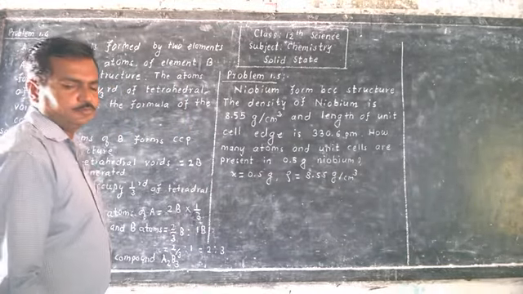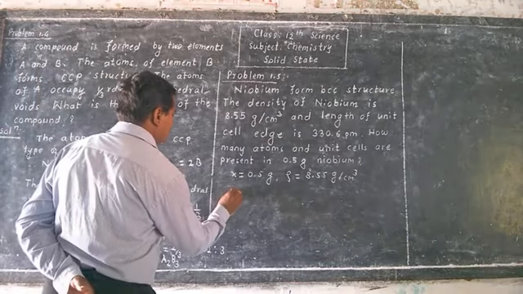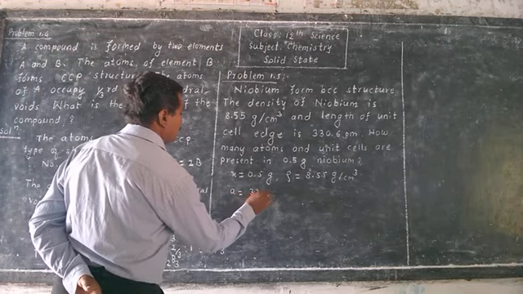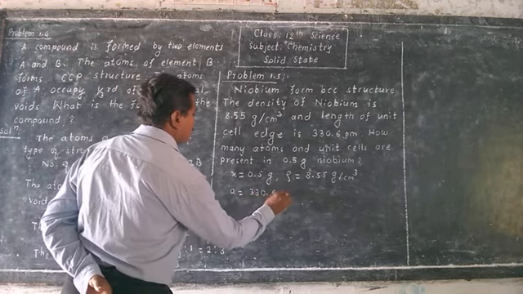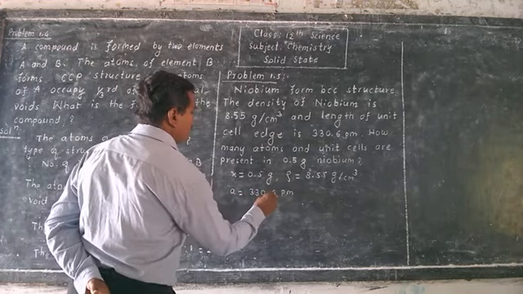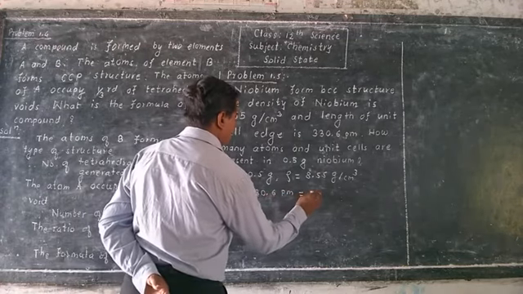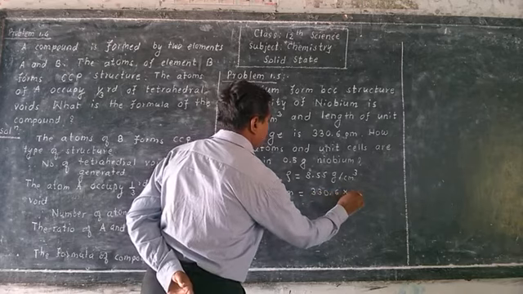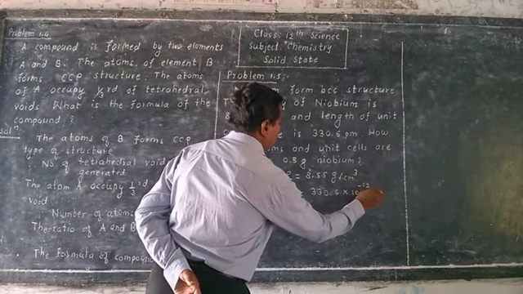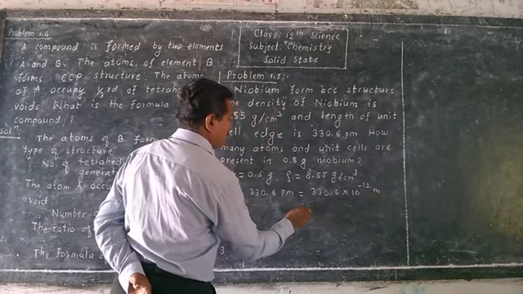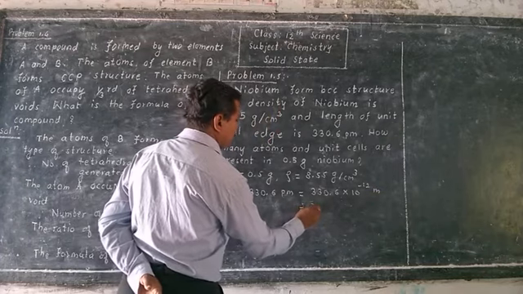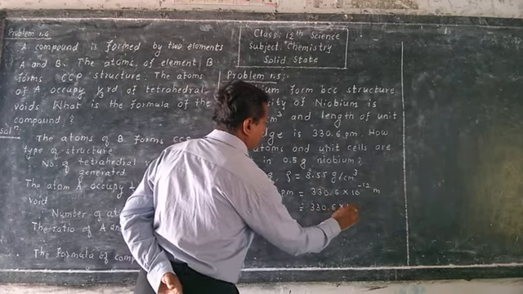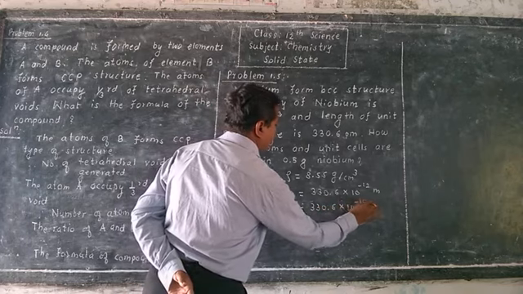Then the edge length a is given as 330.6 picometer, so convert it into meter: 330.6 into 10 raised to power minus 12 meter, then into centimeter, 330.6 into 10 raised to power minus 10 centimeter.